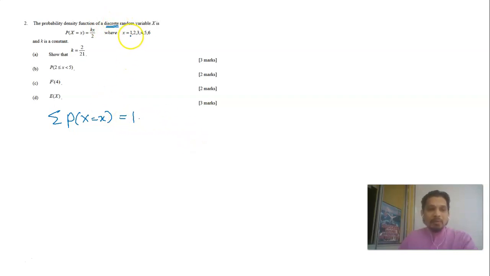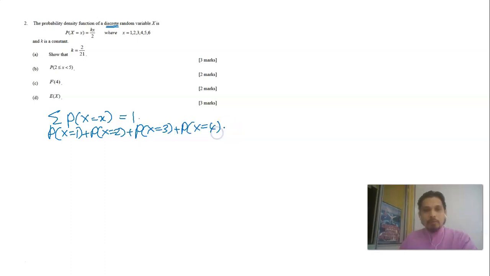We have values of x: 1, 2, 3, 4, 5 and 6. Probability of x equal to 1 plus probability of x equal to 2, plus x equal to 3, plus x equal to 4, x equal to 5 and x equal to 6, equals 1.